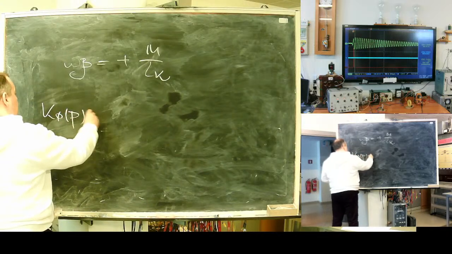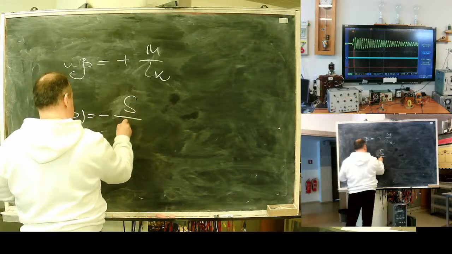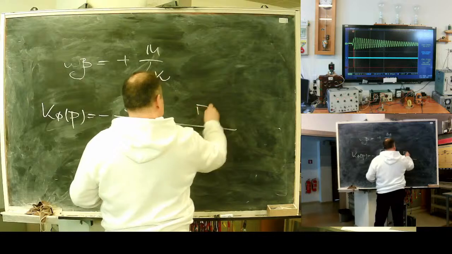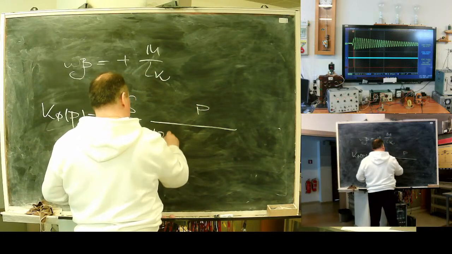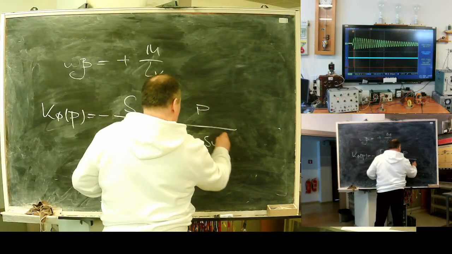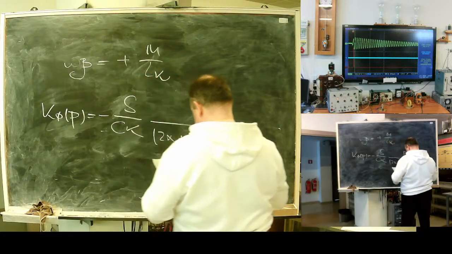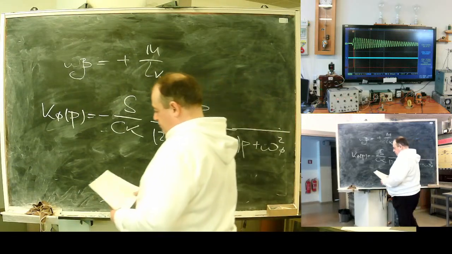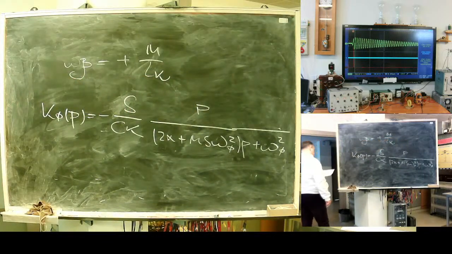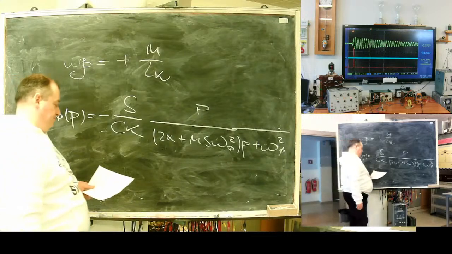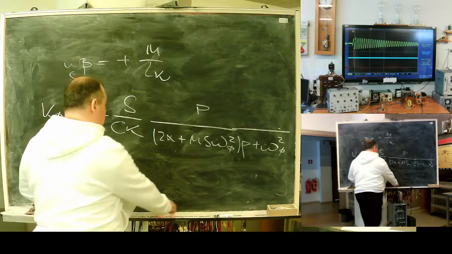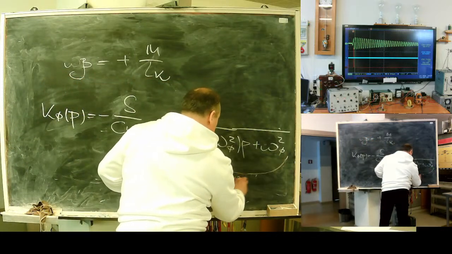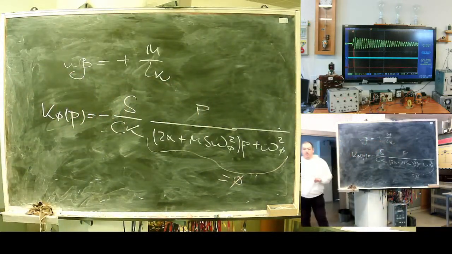Our system transfer function in case of negative feedback will be minus S divided by CK, P divided by P squared plus double alpha plus MS omega 0 squared, P plus omega 0 squared. To analyze whether it is stable or not, we need to solve the equation: the denominator equals 0.